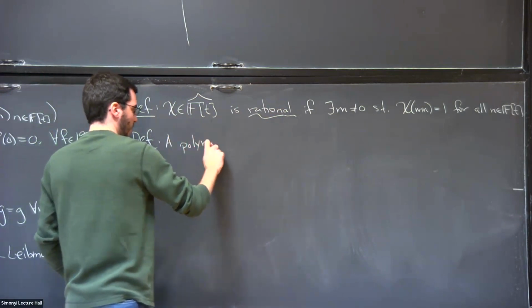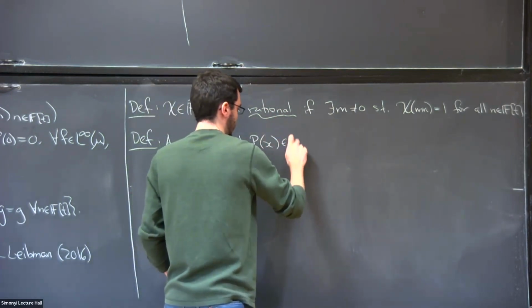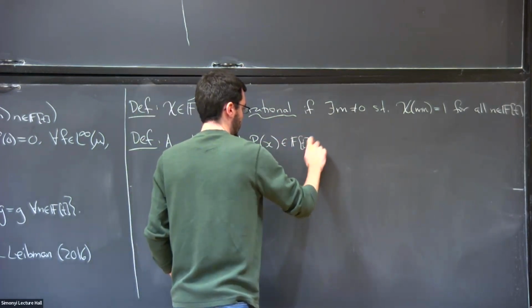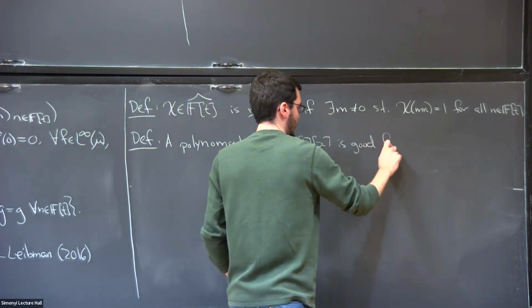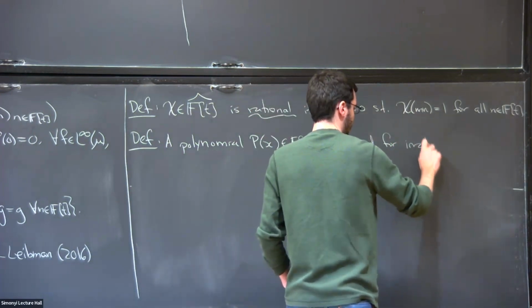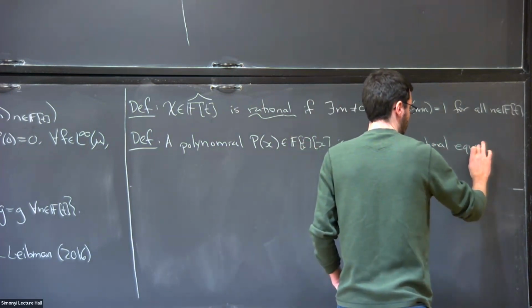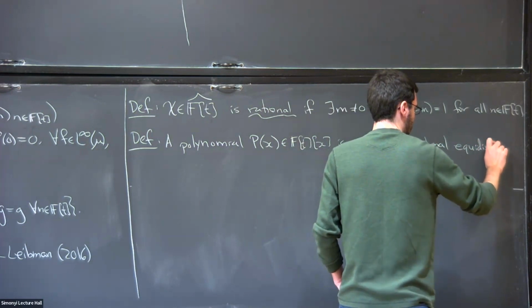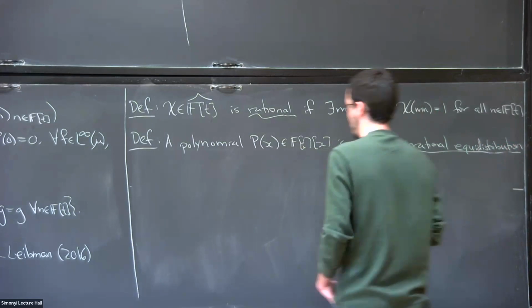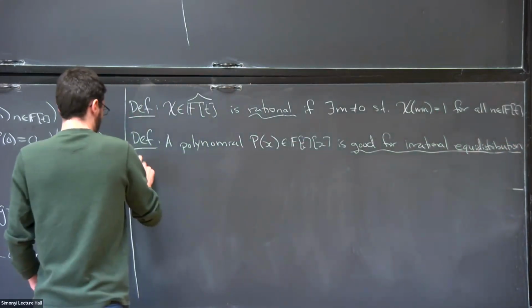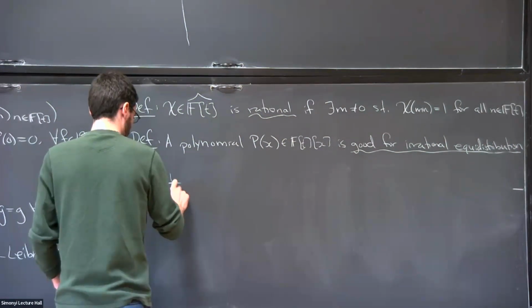And then we can say that a polynomial is good for irrational equidistribution if something happens, so I'll do the same averaging again.